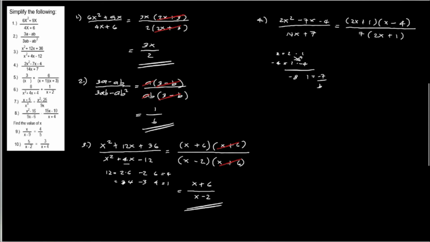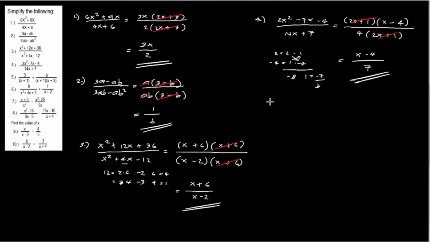And we have common terms in the numerator and denominator, so cancel out 2x plus 1. Denominator is 2x plus 1. And the remaining value, x minus 4 all over 7. Simplified form at number 4, it is equal to x minus 4 all over 7. And this is the answer.